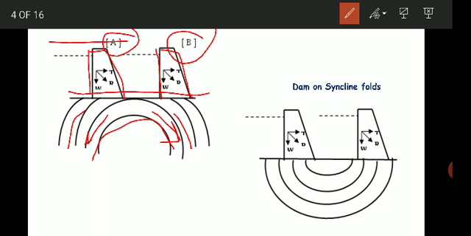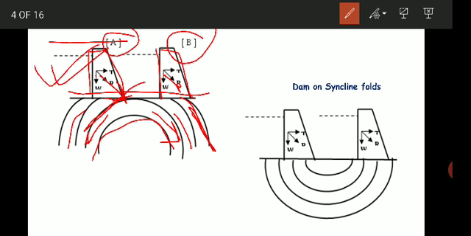So if you study this properly, the R is parallel in this case, and in this case the R, that is the resultant, is perpendicular to the bedding plane. So obviously it is similar to the dam on beds which are dipping on the upstream side.